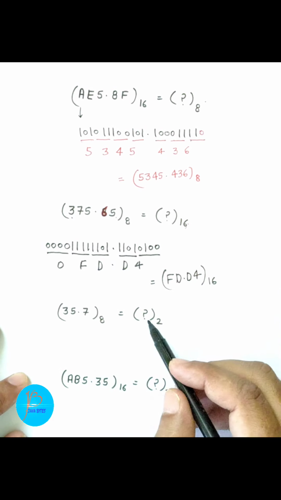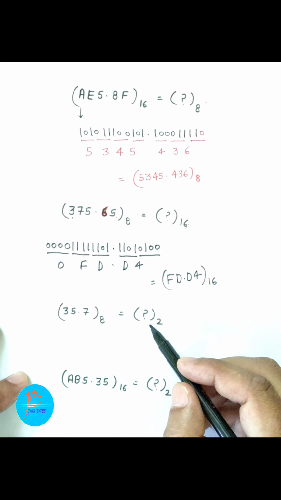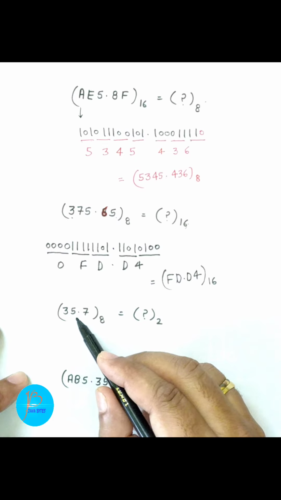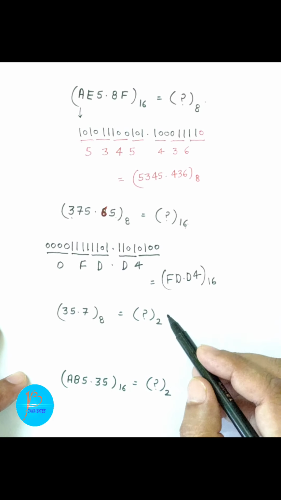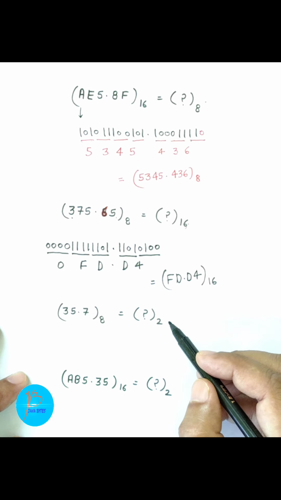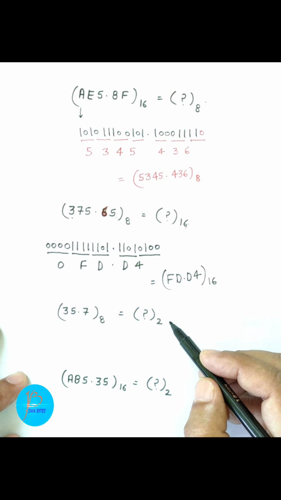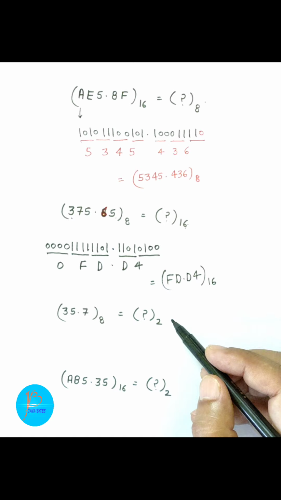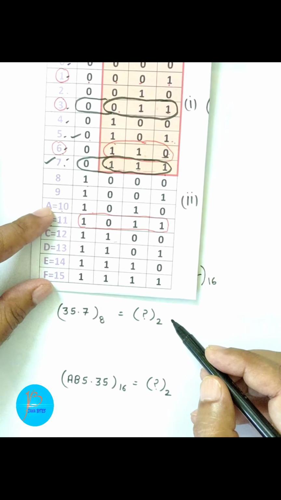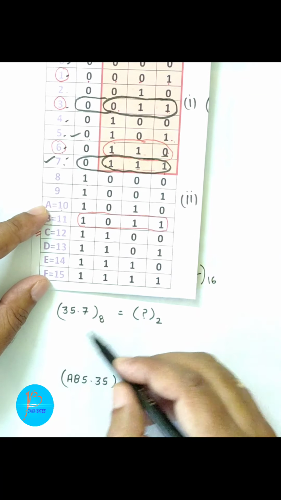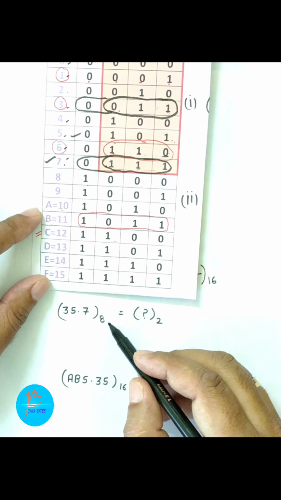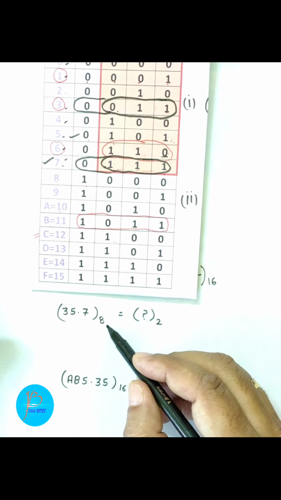Okay children, now see what is asked in the next question. They are asking for 35.7, which is a value on octal base, and you have to find its binary equivalent. Children, it is very easy, you don't have to group anything. You just take the help of the table and note down their binary values in length of 3, because the number is given on base 8.